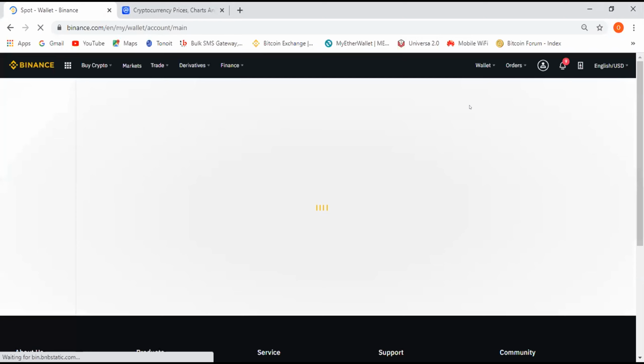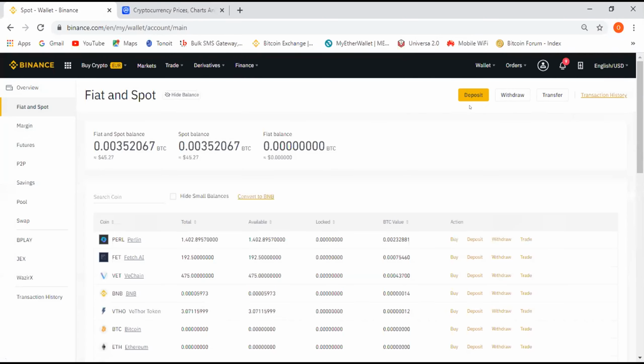Okay, while we are trying to move this money, once you transfer your money, all the money you are moving from your wallet goes into spot once you transfer it to Binance.